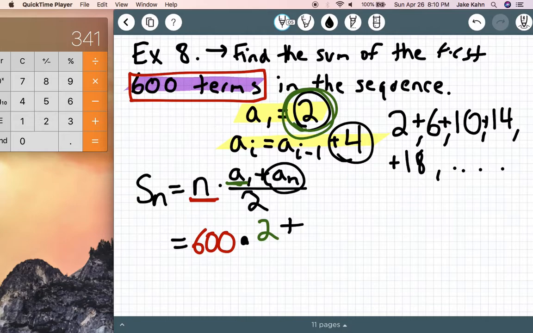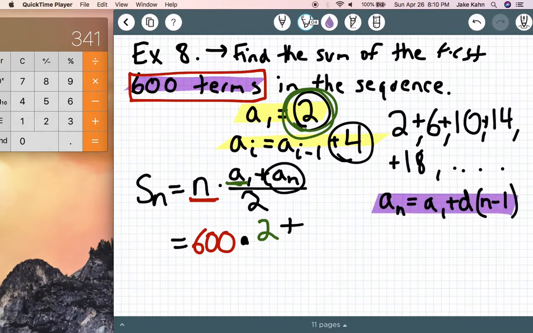Well, we're going to have to do a little bit of math to figure that out, right? Our explicit formula for this problem will be A sub n equals A sub 1 plus D times n minus 1. If you're confused about where I pulled that from, this equation is from last week. This is the explicit formula for arithmetic sequences.